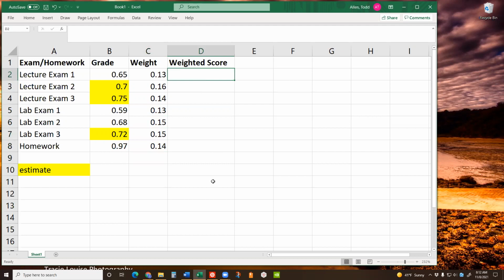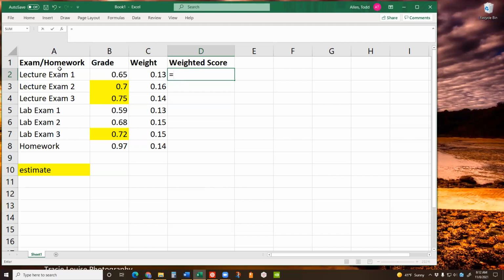In column D, we need to calculate the weighted score. So the weighted score is going to be as follows. You're going to take the value you have in column B and multiply it by the weight in column C. So for example, with cell D2 selected, I'm going to hit the equal key.